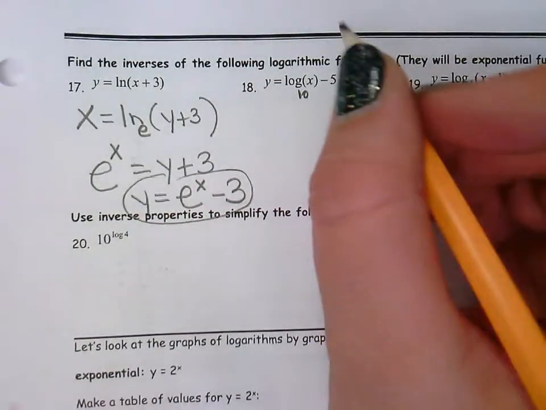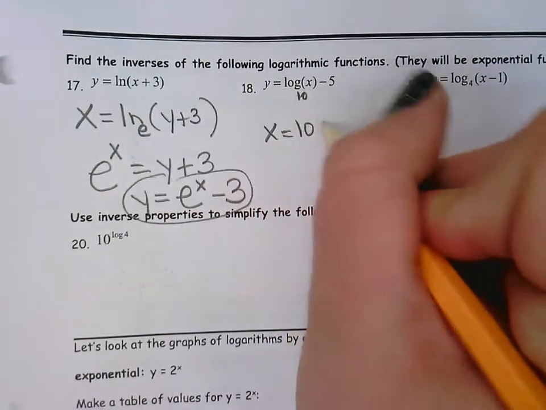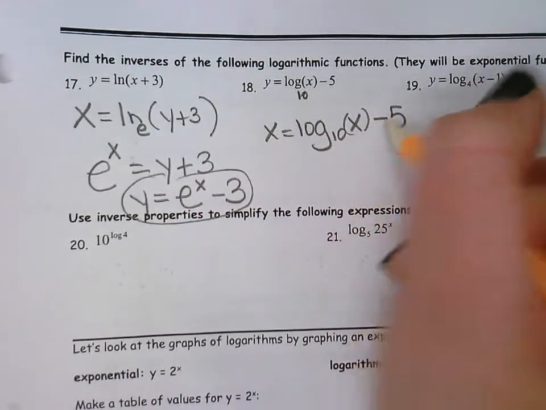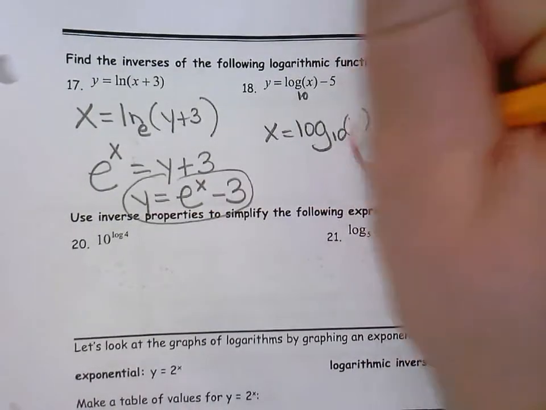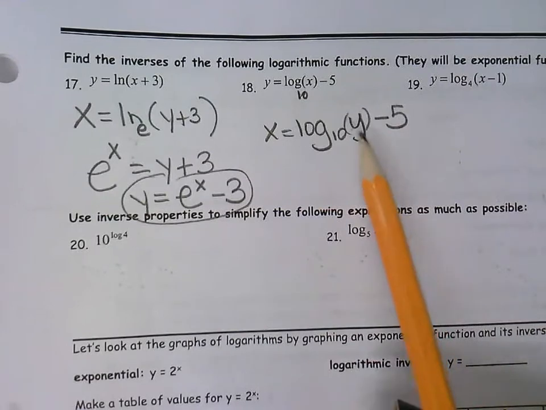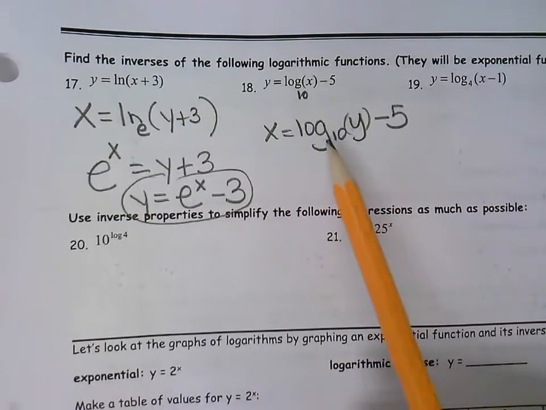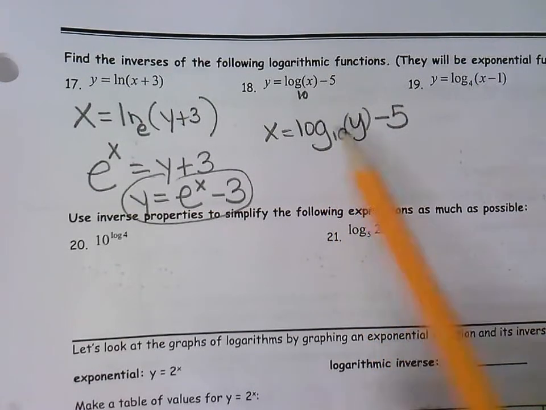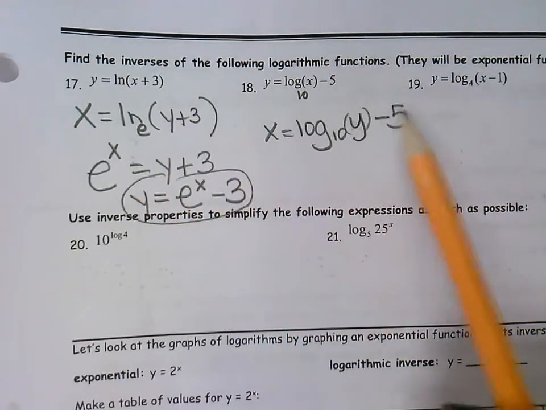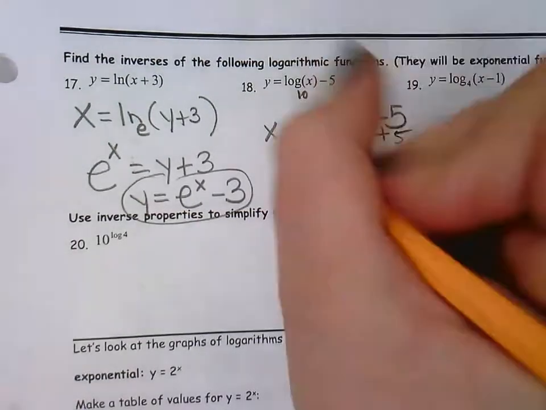I don't know. So x equals the log base 10 of x minus 5 of y minus 5. You need to have the log by itself before you switch form. So see how over here the y plus 3 was in parentheses? That minus 5 is not in the parentheses. So I need to add 5 to the other side first.